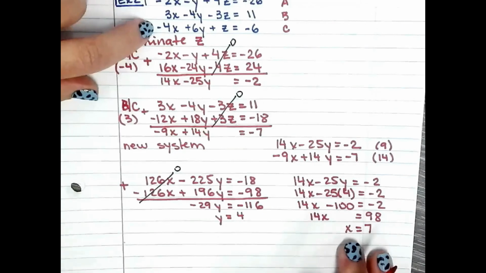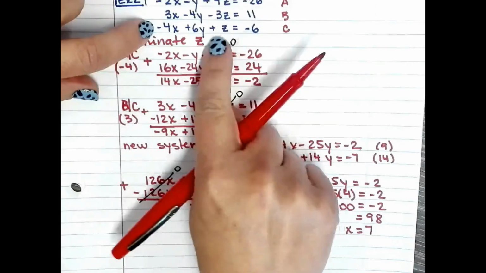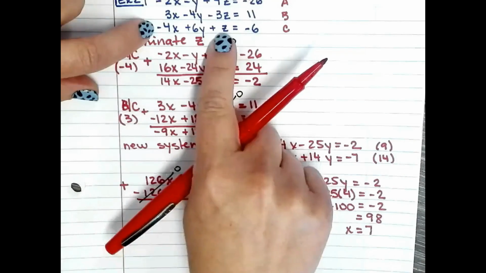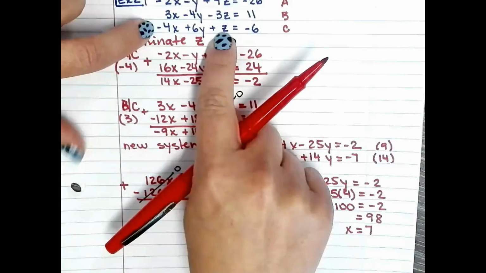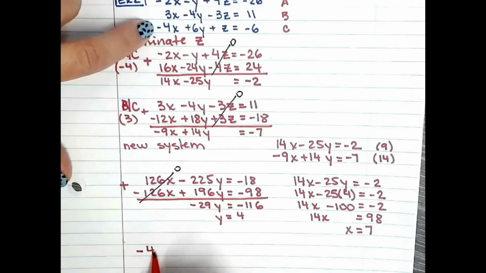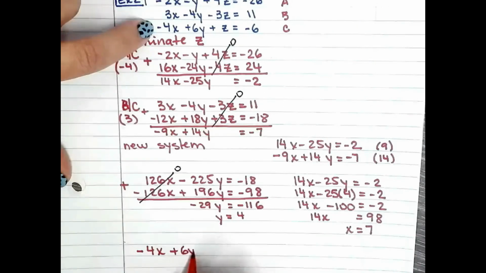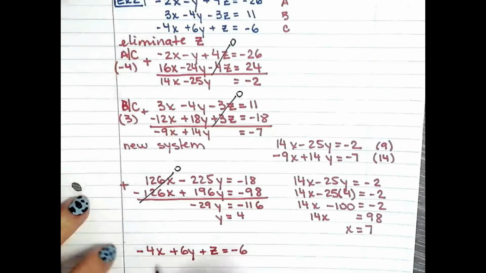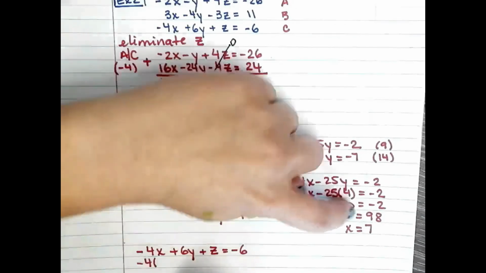And I will use the c equation right there just because I don't have a multiplier right there in the coefficient. The coefficient right there for z is 1. Okay. X is 7.